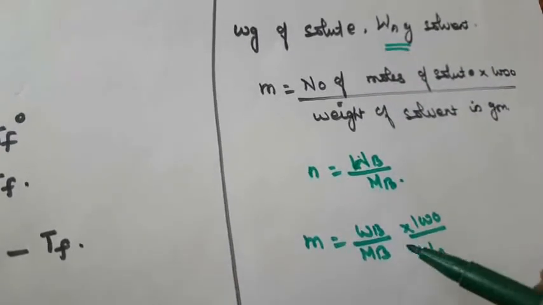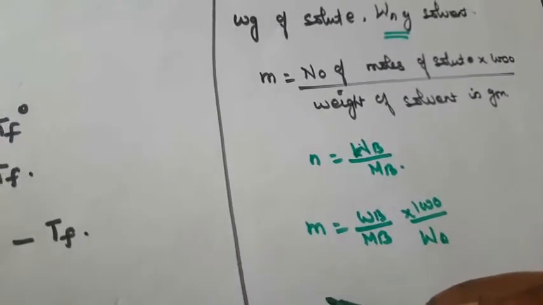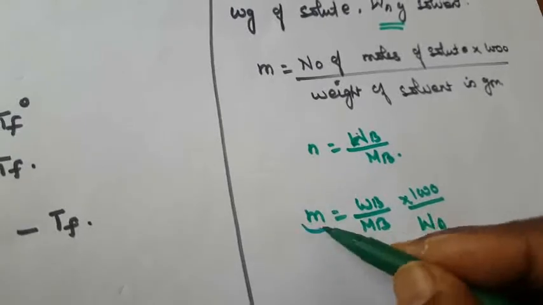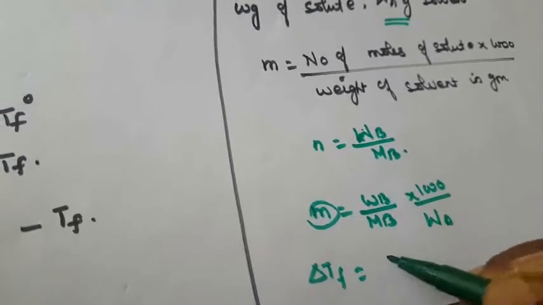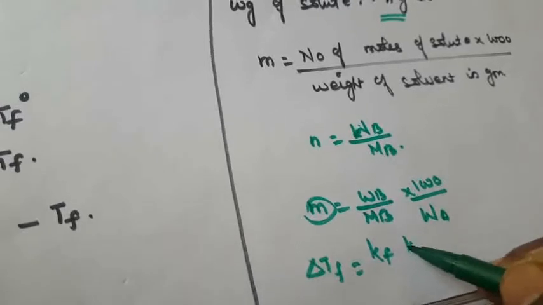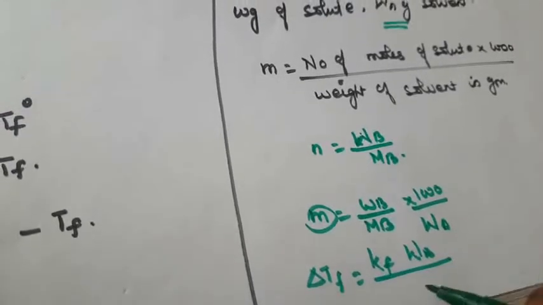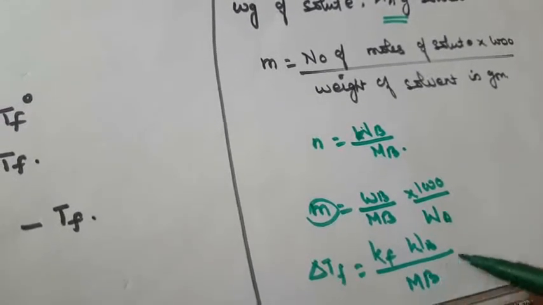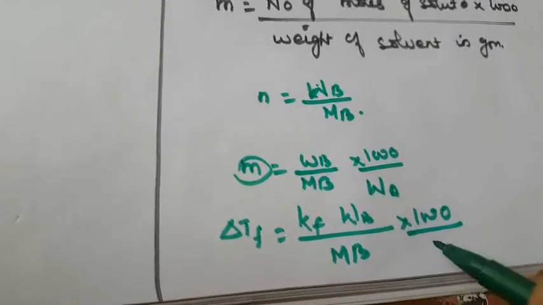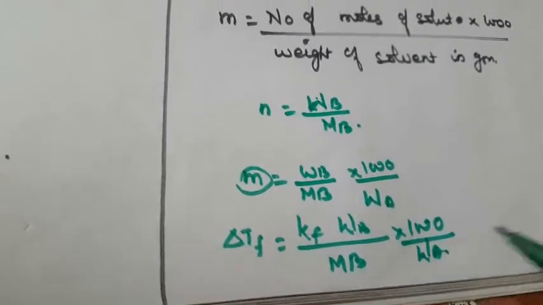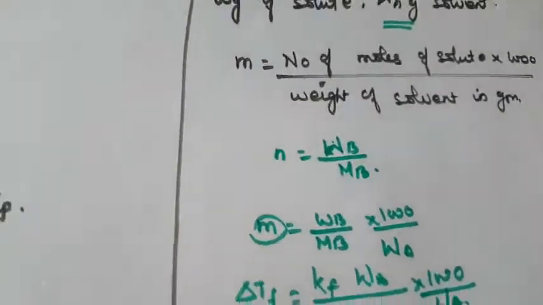Now we introduce the constant. What is delta TF? Delta TF is equal to Kf into WB by MB into 1000 divided by WA. So the molar mass can be calculated using this.